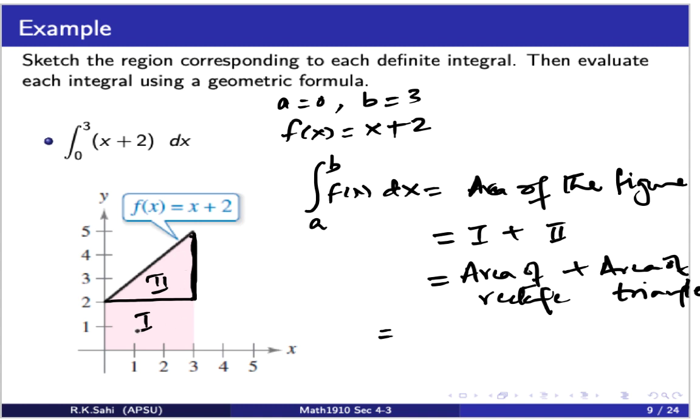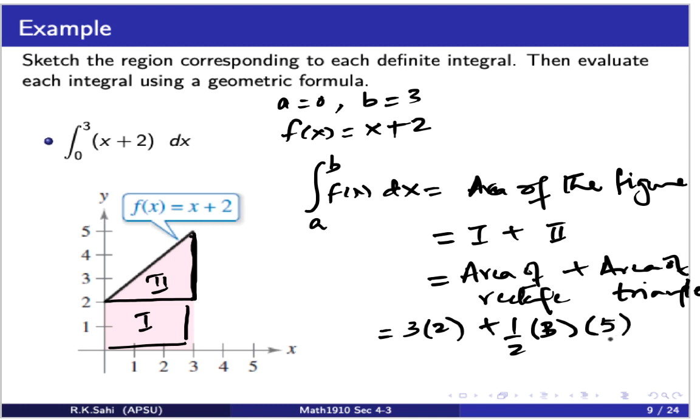What's the area of the rectangle? Base, which is 3, times height, which is 2. So it's 3 times 2. Plus, what's the area of the triangle? It's half. The base again is 3. And what is the height? It starts from 2 and it's almost hitting 5, I'm just looking at the picture here.